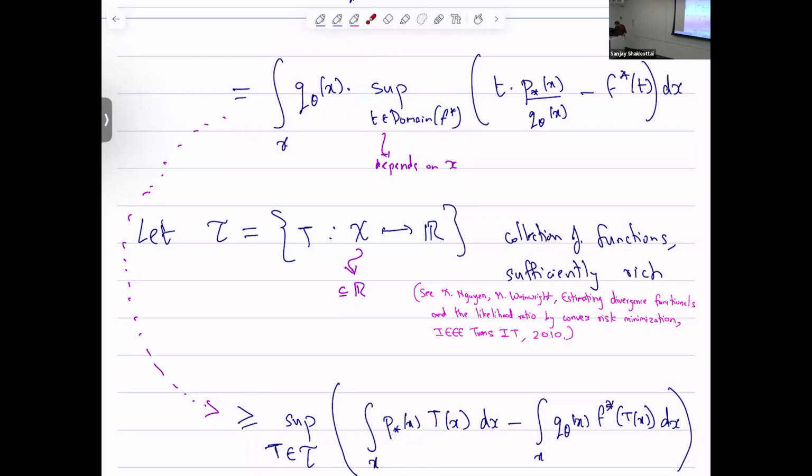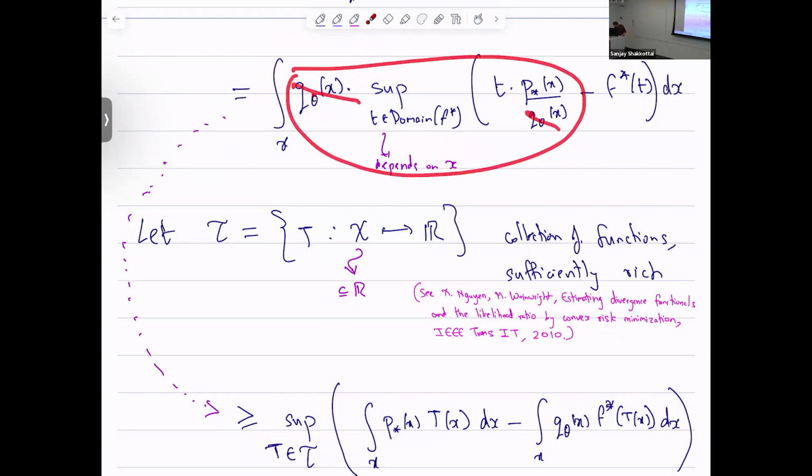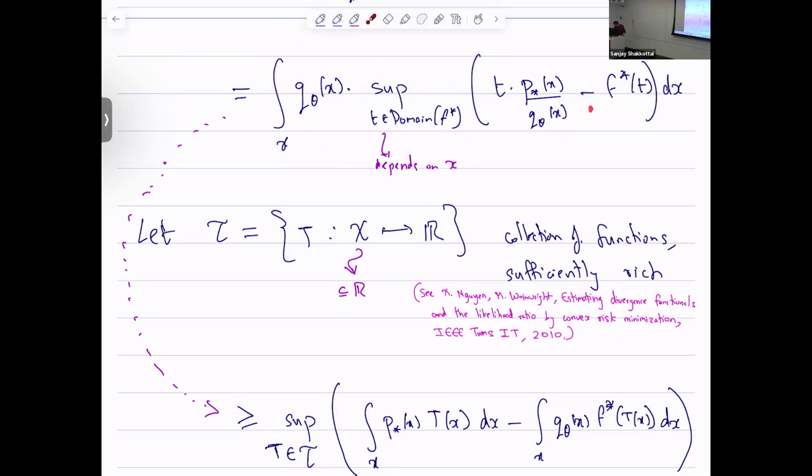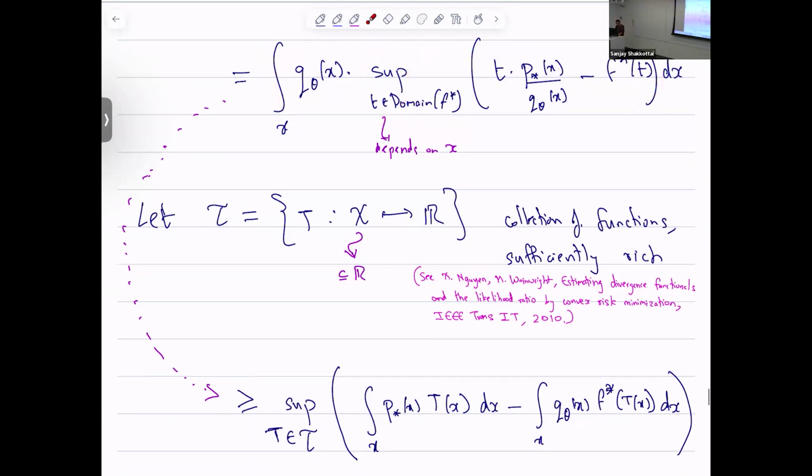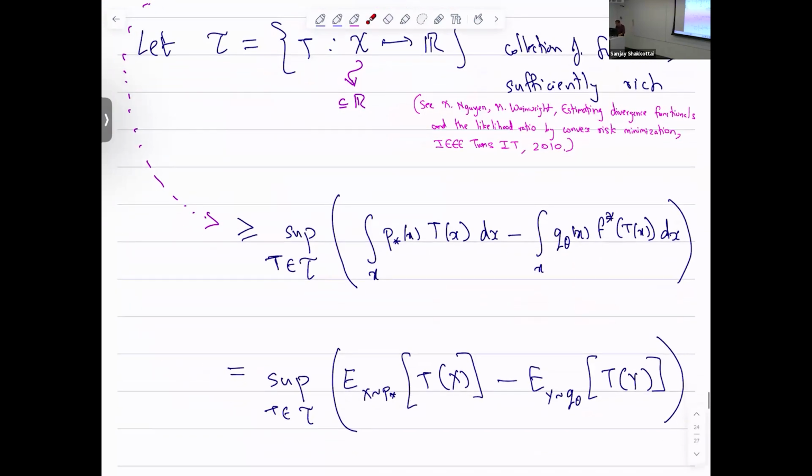If I look at this, Q and Q cancel. It's T of X, P star of X, minus, look at this part, Q theta, F star of T of X. I've just done that. But this integral is nothing but the expected value of T of X with respect to P star.